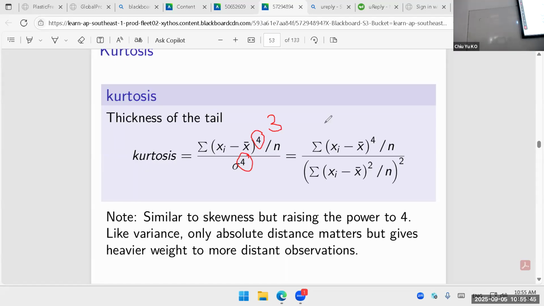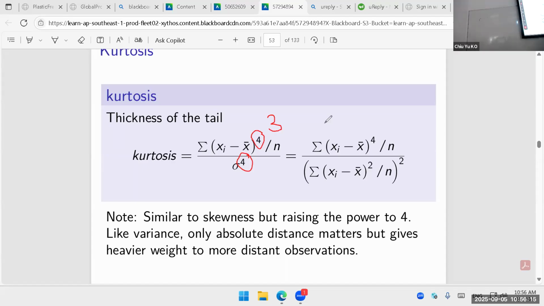Because you raise to the power 4, you make the number huge, and you divide only by the standard deviation to the fourth. So if something is very far away from the mean, whether left or right, this number is huge. And when this number is huge, it represents extreme risk.